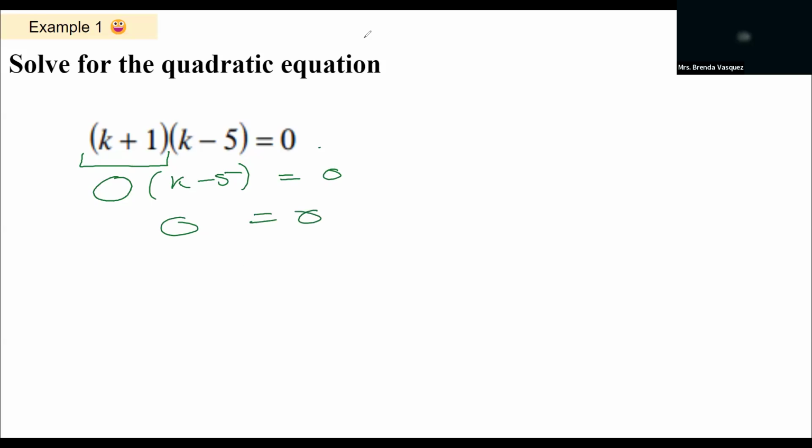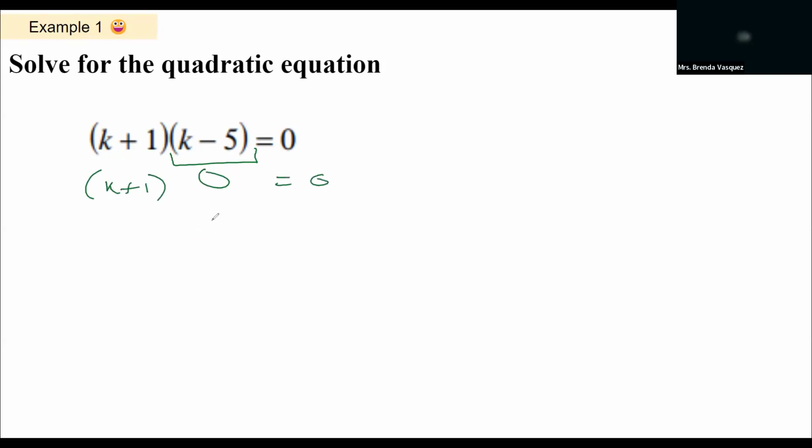The same idea happens whenever we have the other factor equal to 0. If I have this one equal to 0 and I multiply it by k + 1, it's going to be equal to 0. So our question is, what value of k makes this factor equal to 0 and that factor equal to 0?